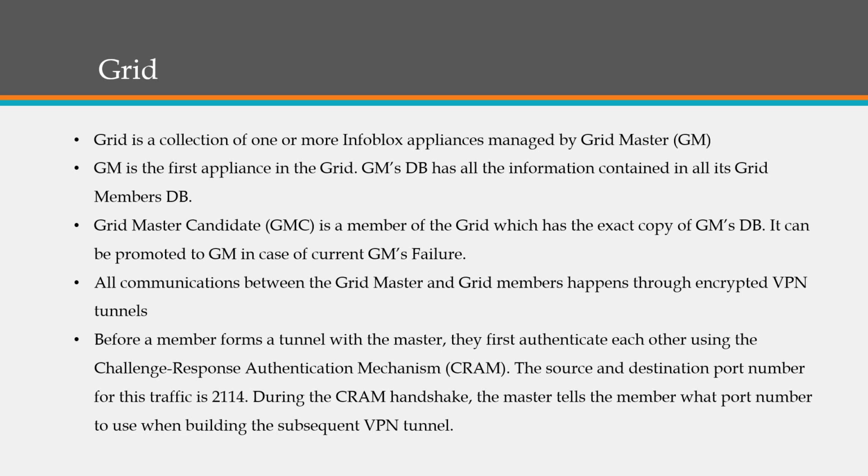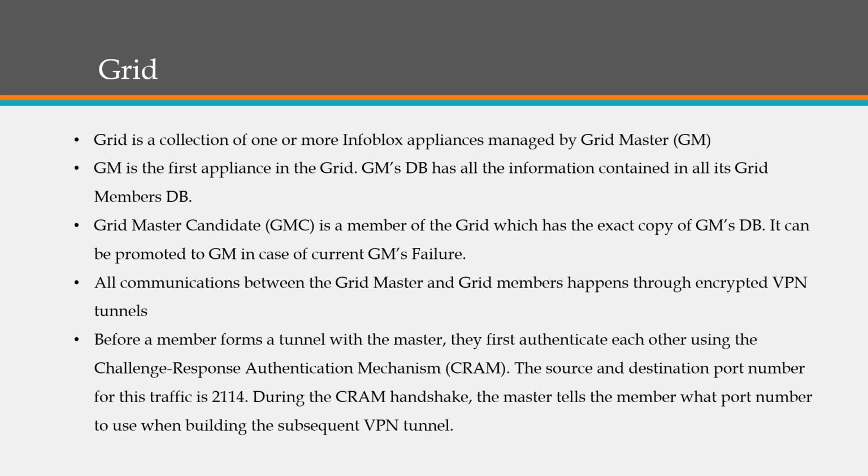Now, even before a tunnel is set up, the first step for an appliance to join a particular grid is that, from the appliance perspective, we have to input some information like the grid name, the grid master's IP address, and a shared secret. After entering these, the details are sent to the grid master, and the grid master checks if those details are valid.